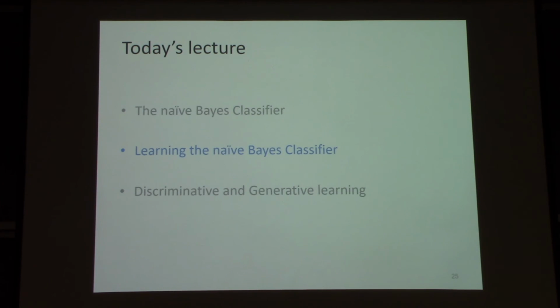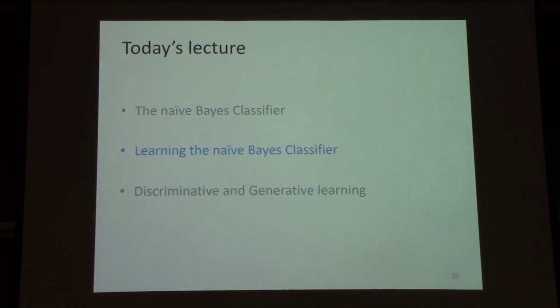Alright, so let's just summarize where we were. I talked about the naive Bayes classifier, and it's entirely driven by two important concepts. The first one is the idea of a probabilistic classifier, a classifier that can predict probabilities over labels given an example, and you take the label that has the highest probability.